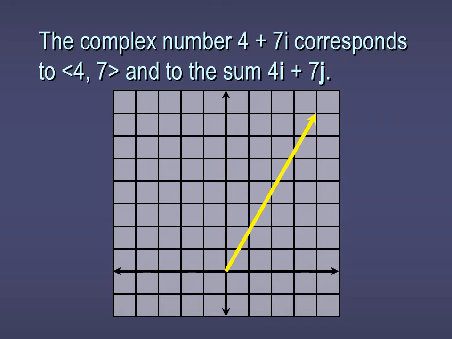Which means that 4 is your horizontal, so that's 4i, and 7 is your vertical, which is 7j, right? Because the i represents the horizontal and j represents the vertical when you're talking about decomposing.